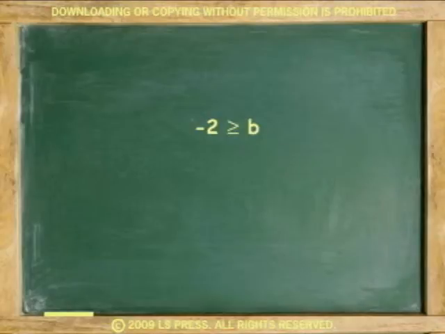This reads b is less than or equal to -2. The answer: -2, -3, -4, -5. This reads z is less than -9. The answer: -10, -11, -12, -13.